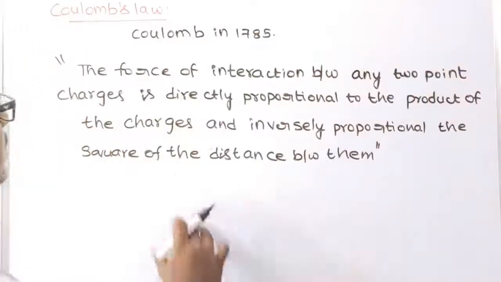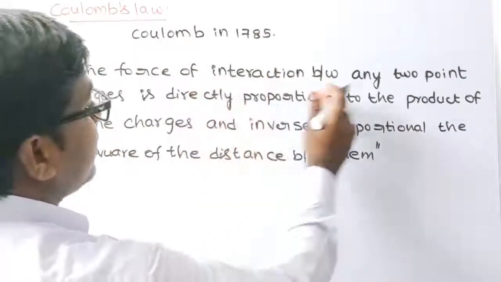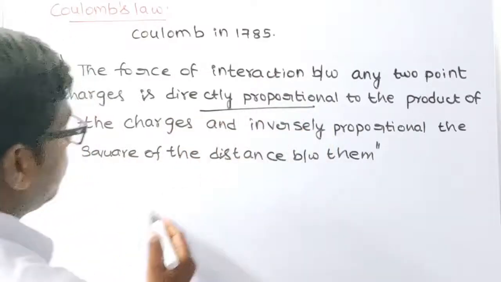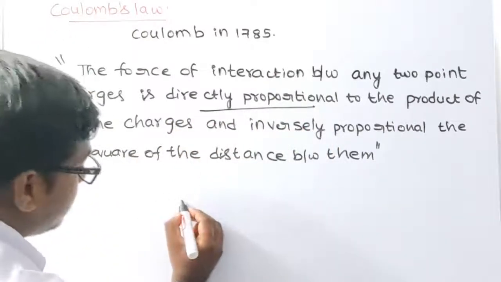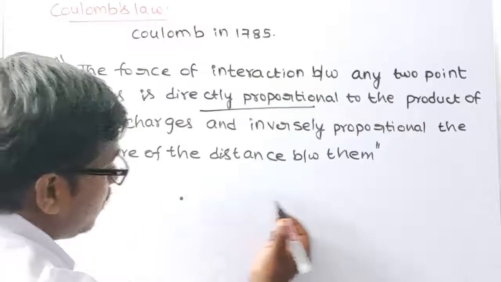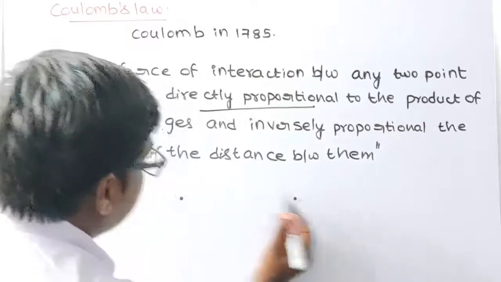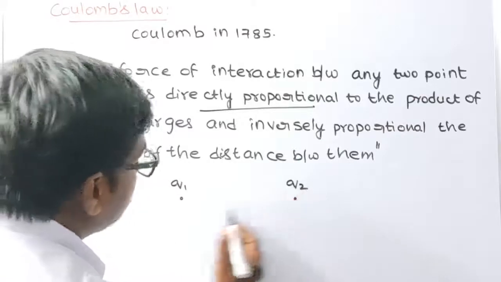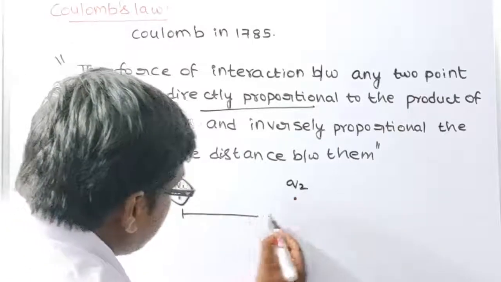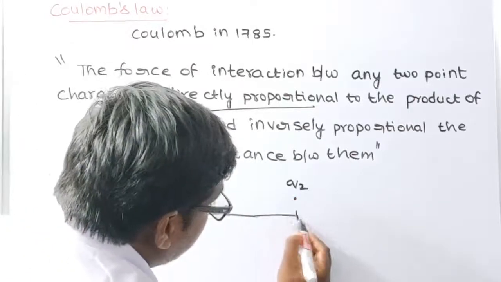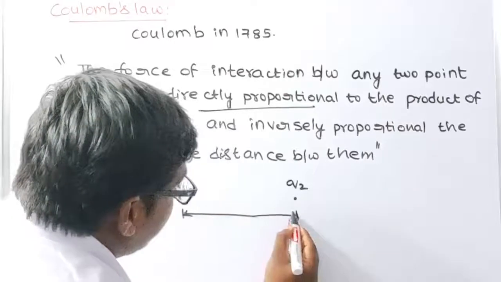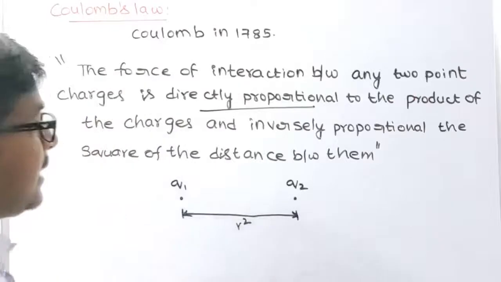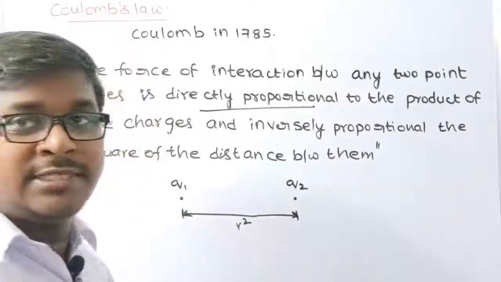In this Coulomb's law, the interaction between any two point charges is directly proportional to the product of Q1 and Q2, and inversely proportional to the square of the distance between them, acting along the line joining the two point charges.